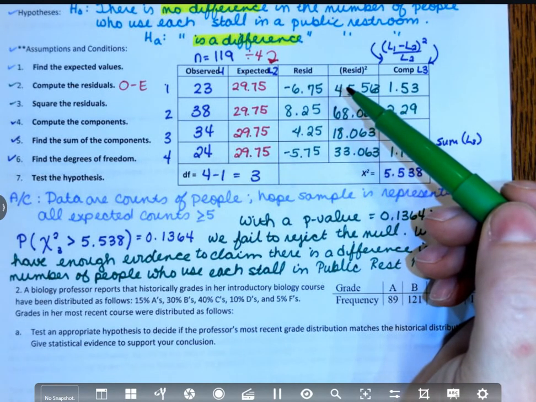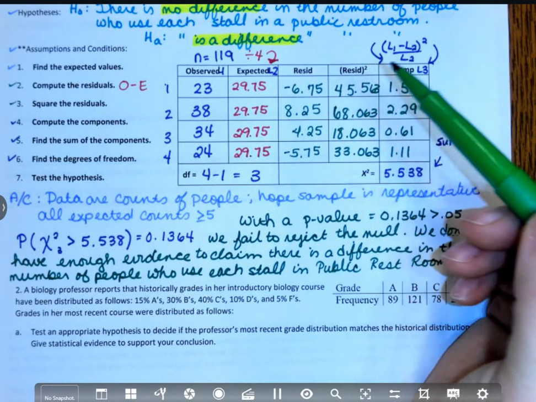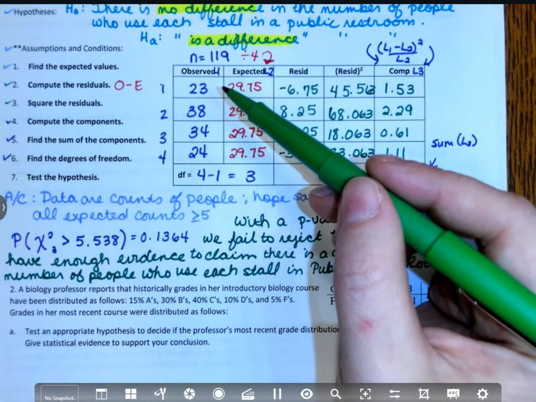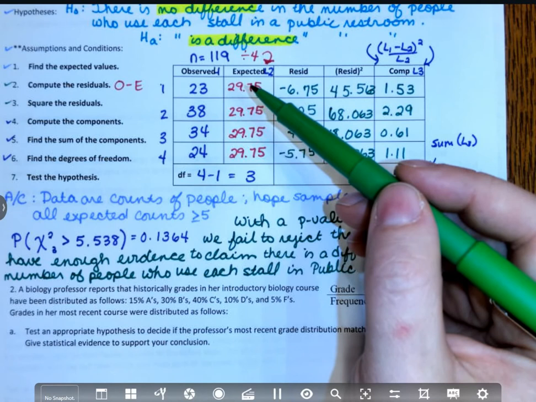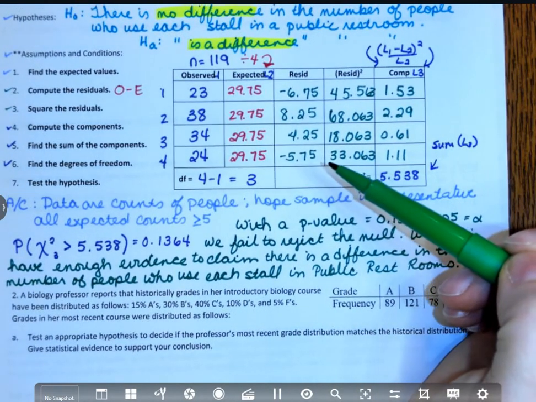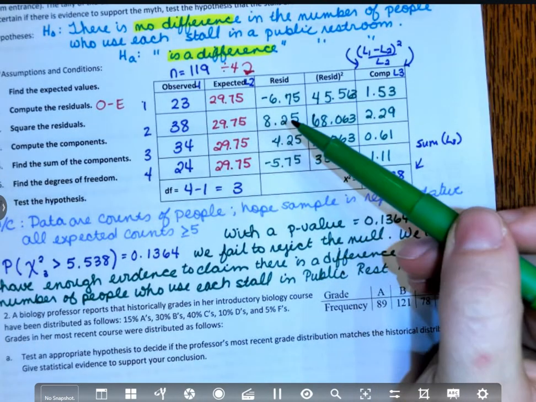Had the fewest users. Stall 1 to me would probably be the cleanest, right? Furthest from the expected. Which stall would you avoid? I would avoid the second stall.